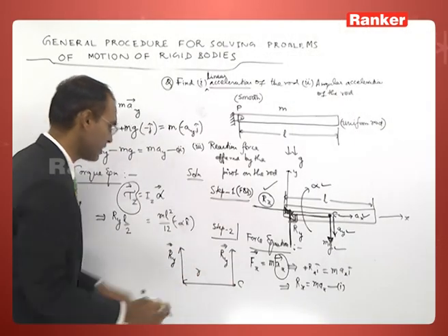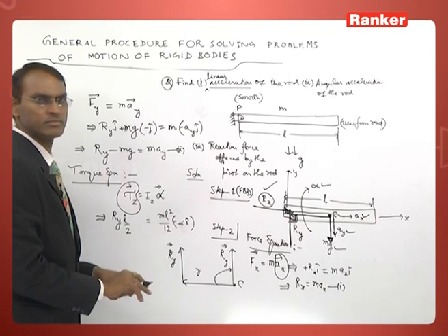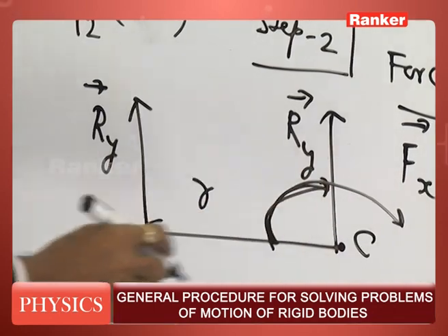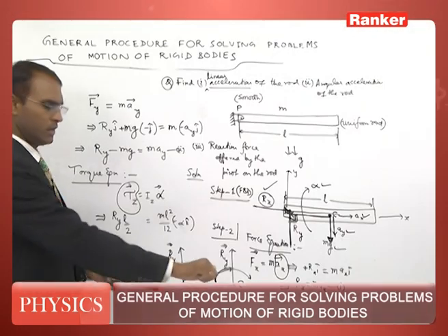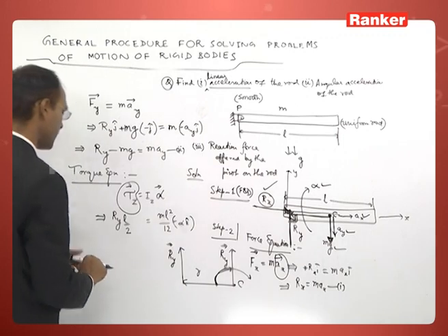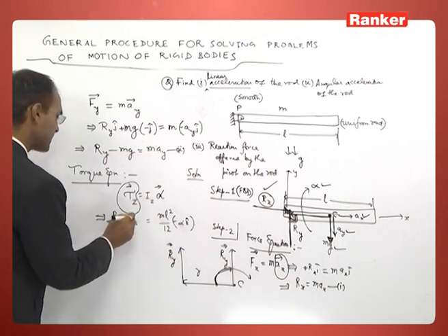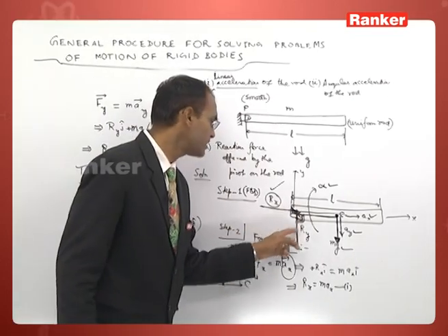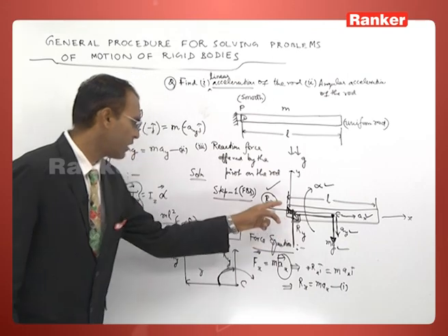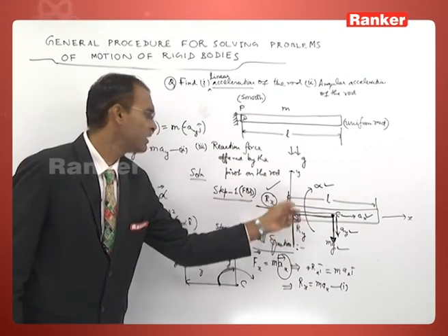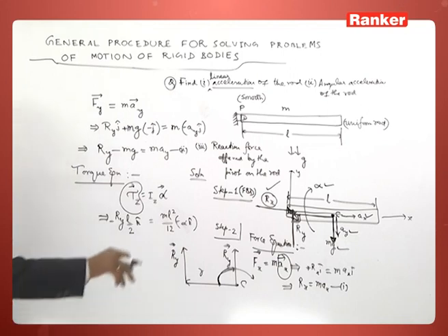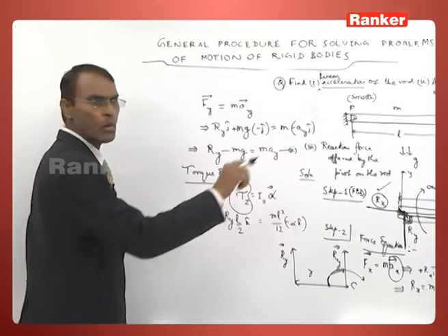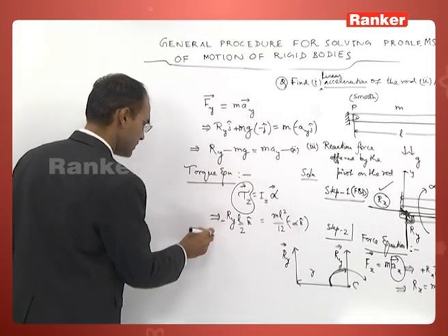R cross Ry. The angle is rotating in clockwise sense, or inward direction. Therefore, it is minus k cap direction. The torque produced by this force about this point is pointing in negative z direction, or clockwise direction, or minus k cap direction.